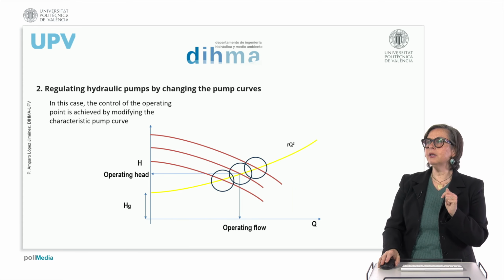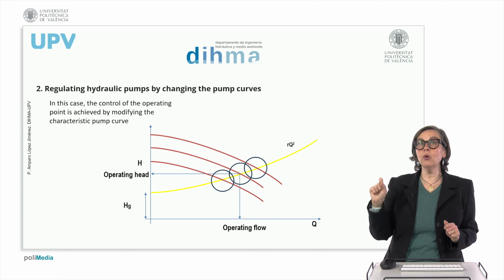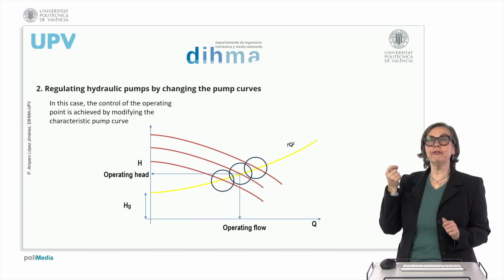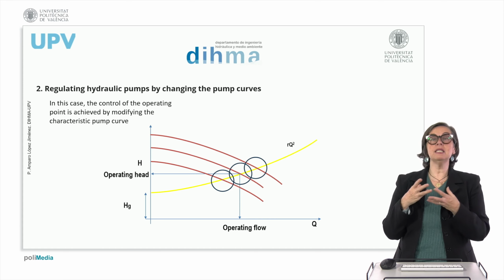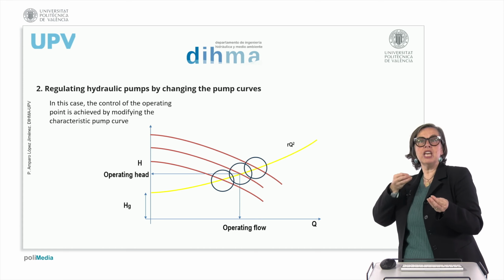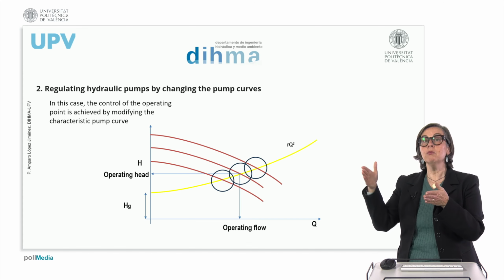We must remember that this change can be done by modifying the characteristics of the pump. But several times this is not easy. We cannot change the rotor of the pump, we cannot change the pump in the operating mode.